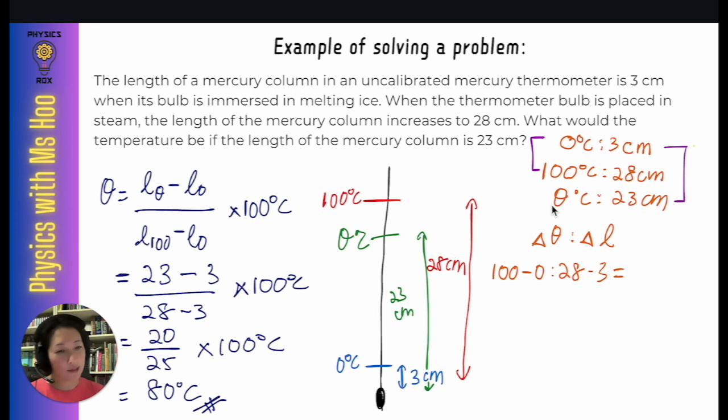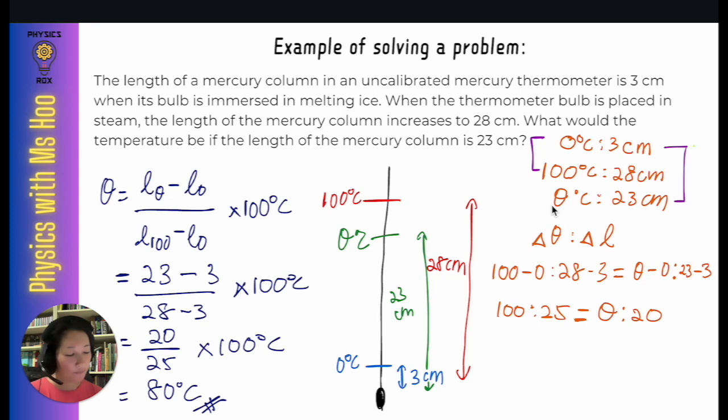So we will take theta minus 0, and this would be ratioed against the difference in length, which would be 23 minus 3. So you'd get 100 ratio to 25 equals theta ratio to 20. So remember that when you have a ratio, you can convert this to fractions.